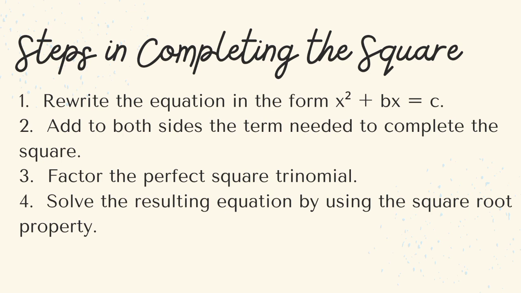Number 4, solve the resulting equation by using the square root property. Since these steps are hard to understand, we will give examples in the next slide so it is easier to understand and process.